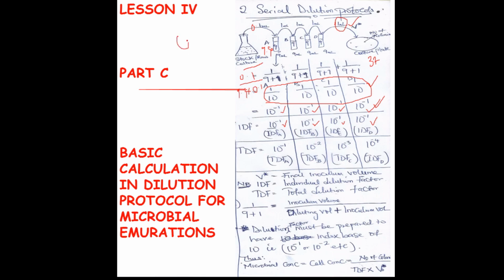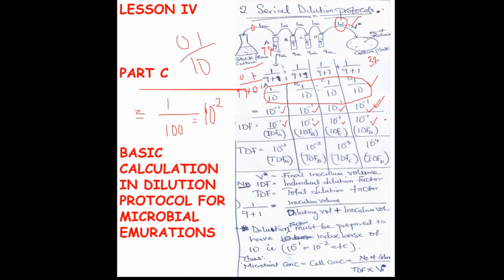That will result in 0.1/10. And this 0.1/10, if I want to reduce it further, is equivalent to 1/100. And when I change this dilution factor now, that will be 10 raised to the power minus 2.